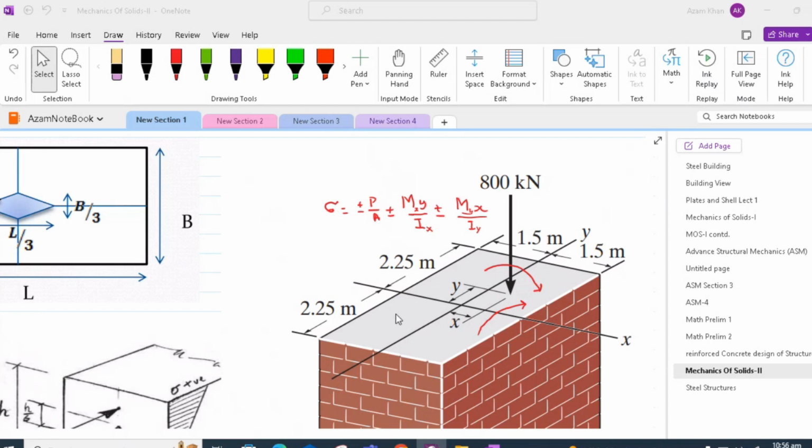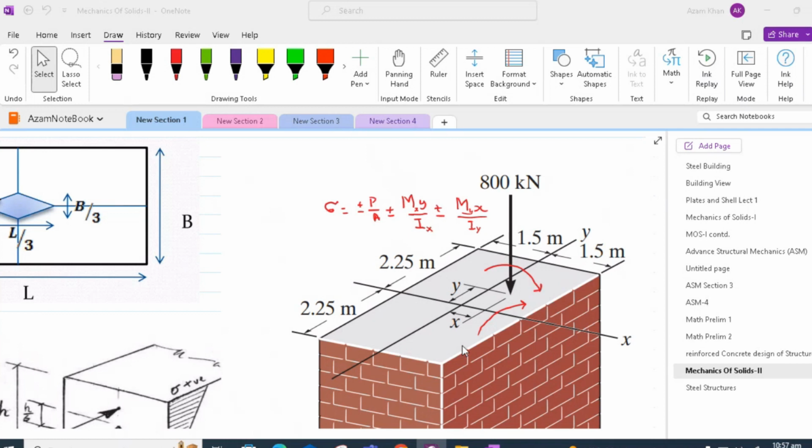In the third quadrant, again, we would have a compressive stress P by A and the flexure stress about the x-axis tensile and the flexure stress about the y-axis tensile again. In the case of the fourth quadrant, we would have the compressive stress P by A, the flexure stress about the x-axis tensile and the flexure stress about the y-axis compressive.